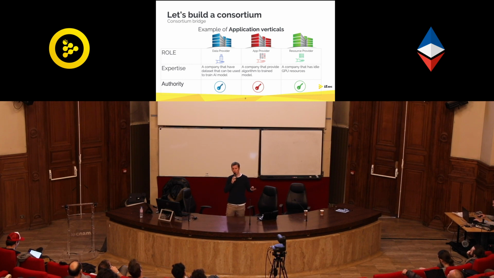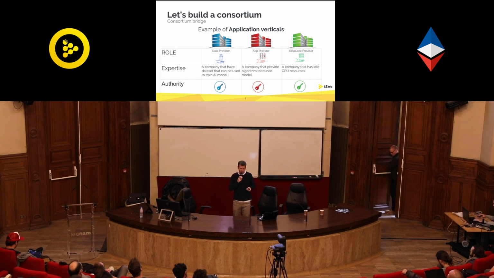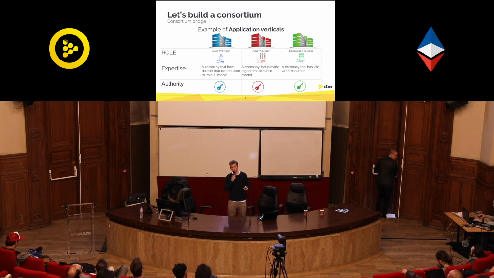So imagine, let's build a consortium. You have application verticals. You have a company that can be the data provider. They have data that can be used to train models. And you have another company that has an application.